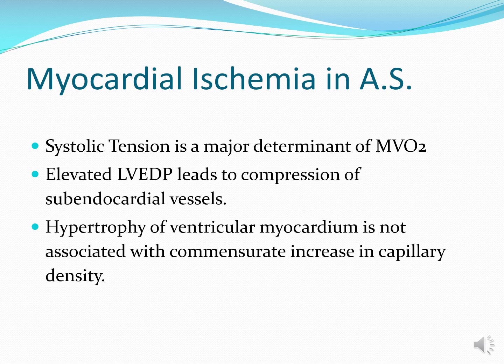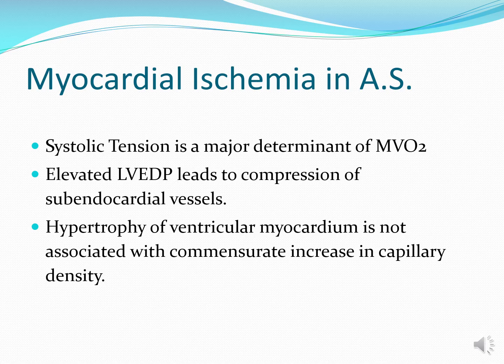So less important, but also contributes to myocardial ischemia is when you have a high left ventricular diastolic pressure, the subendocardial vessels are compressed, and hence there will be less flow into them, and maybe some subendocardial ischemia.